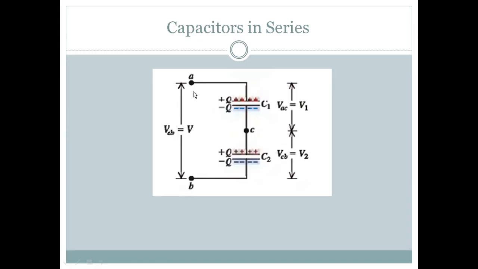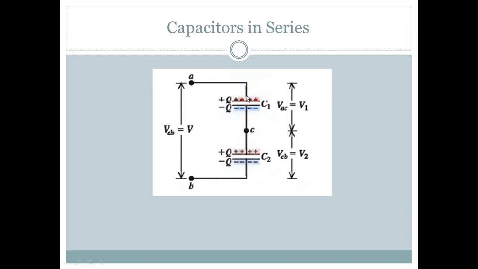So the tendency, if this is positive and this is negative, is that since this is positive, this terminal attracts electrons towards it from the upper plate of the first capacitor.